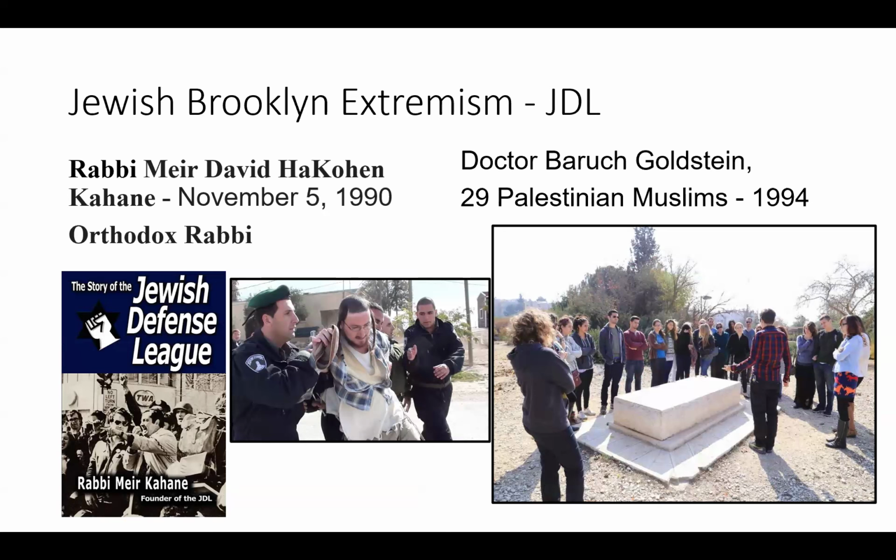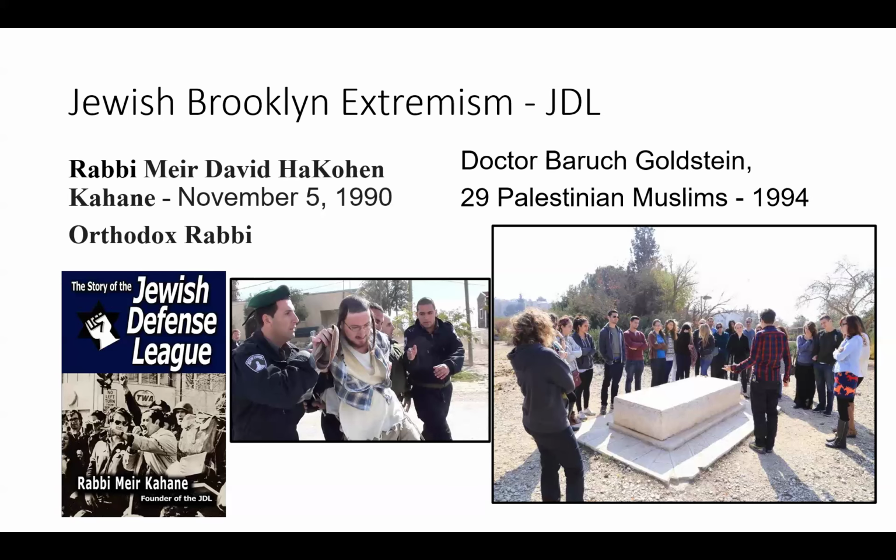Famous events in Brooklyn, the famous JDL, the Jewish Defense League terrorist organization founded by Meir Kahane, an Orthodox rabbi, who said that the Jews should arm themselves and defend themselves. One of the most brutal terrorists from Brooklyn was Baruch Goldstein, the butcher of Hebron, who got a submachine gun, broke into a mosque, and murdered 29 Palestinian worshippers.